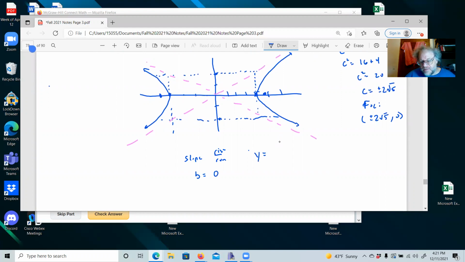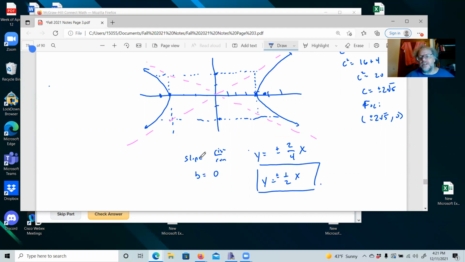So we have y is equal to plus or minus, because we have 2 of them, each with opposite slopes. What is our rise? 1, 2. And what is our run? 1, 2, 3, 4. So this is y is equal to plus or minus 1/2 x. And that is the equation of my asymptotes.